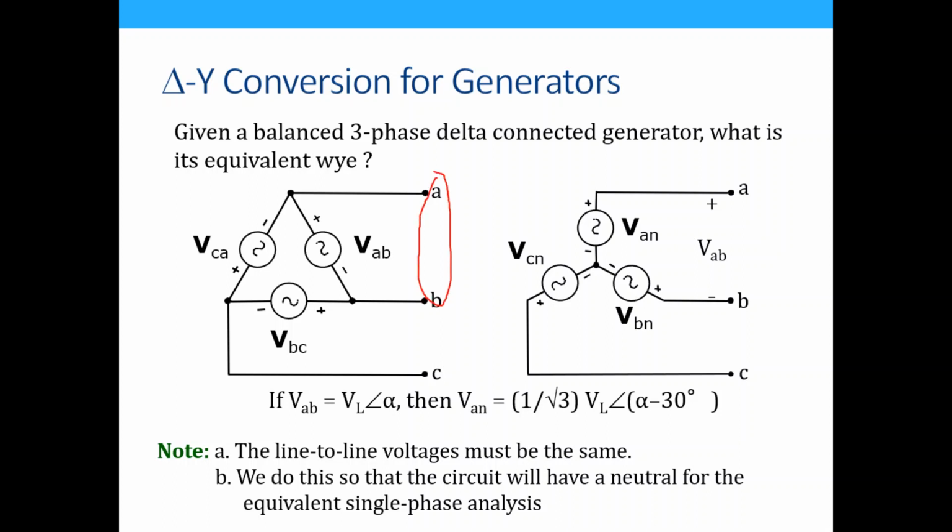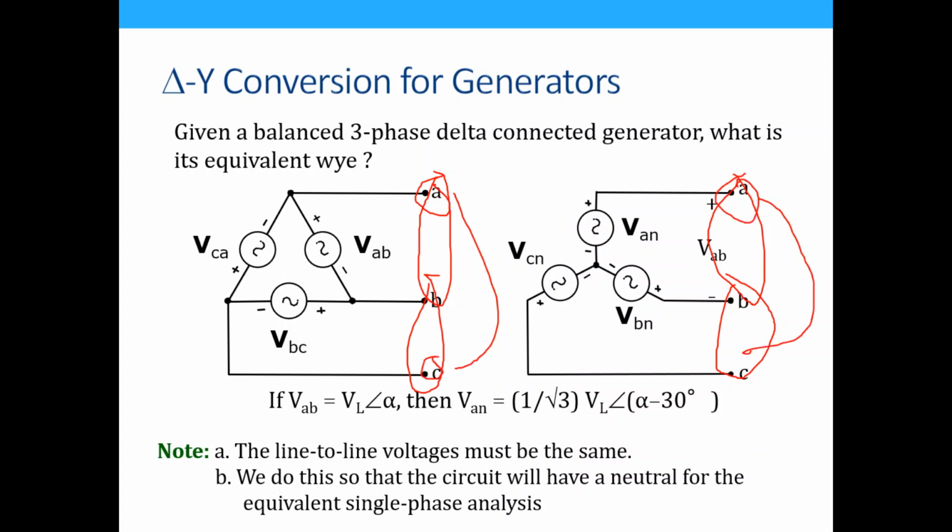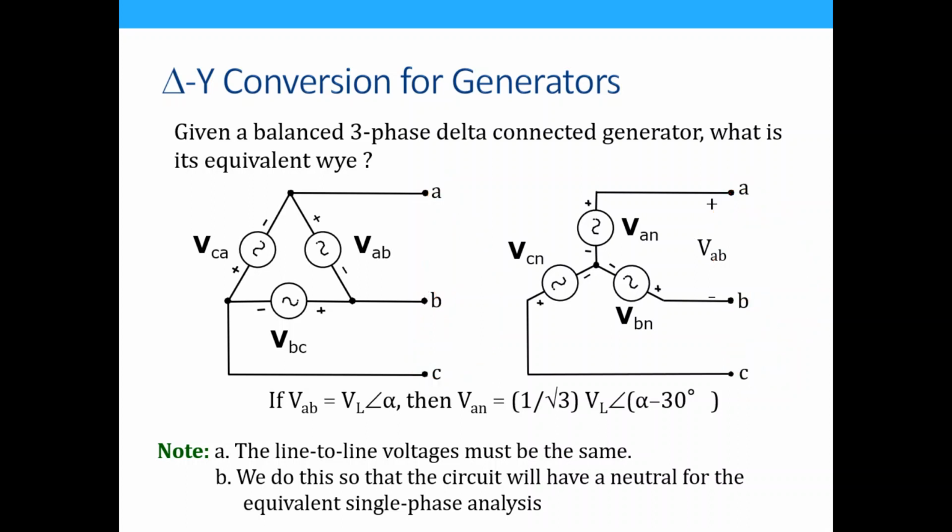The voltage here should be equal to the voltage here, and the voltage from here to here should be equal to the voltage from here to here. So if you want to get an equivalent delta connection for our generators, given that we have VAB here as VL angle alpha, we can compute the individual voltages of this Y connection right here.